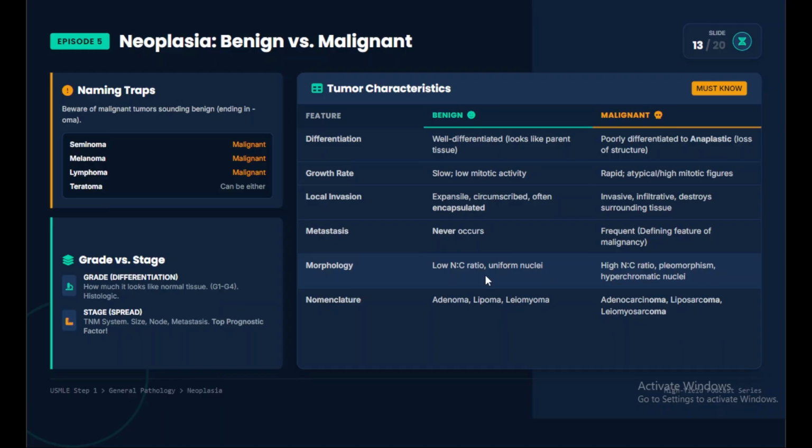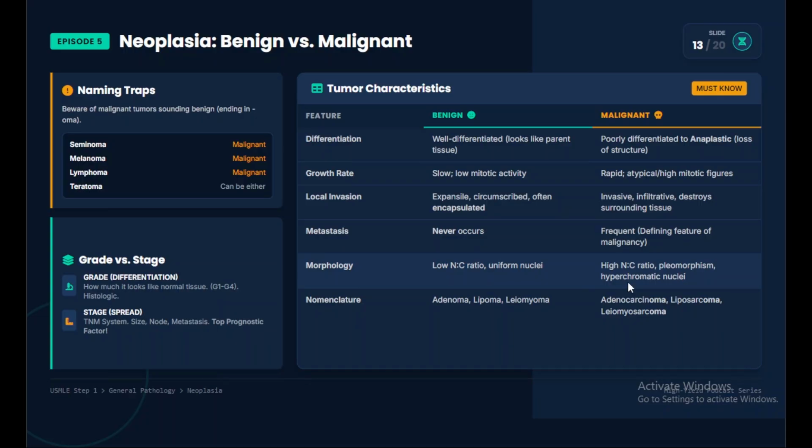You can also see pleomorphism, meaning different shapes of cells, in malignant tumors. You can also see hyperchromatic nuclei, because the malignant cells are dividing a lot and have a lot of chromatin in the nuclei, since they're constantly in the dividing phase.